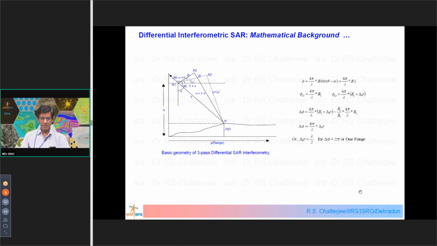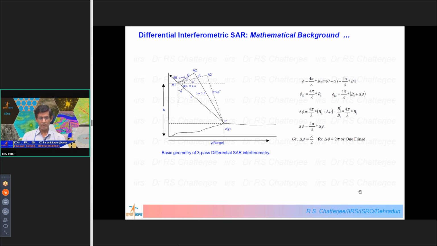Now this is the 3-pass interferometry. We need to have one interferogram before the event, before the earthquake, and the dashed line shows the data acquired after the earthquake. What I explained is that we have to generate one interferogram with A1, A2 dash, that is before earthquake and after earthquake, and another interferogram from both the data acquired before the earthquake, that is A1 and A2.